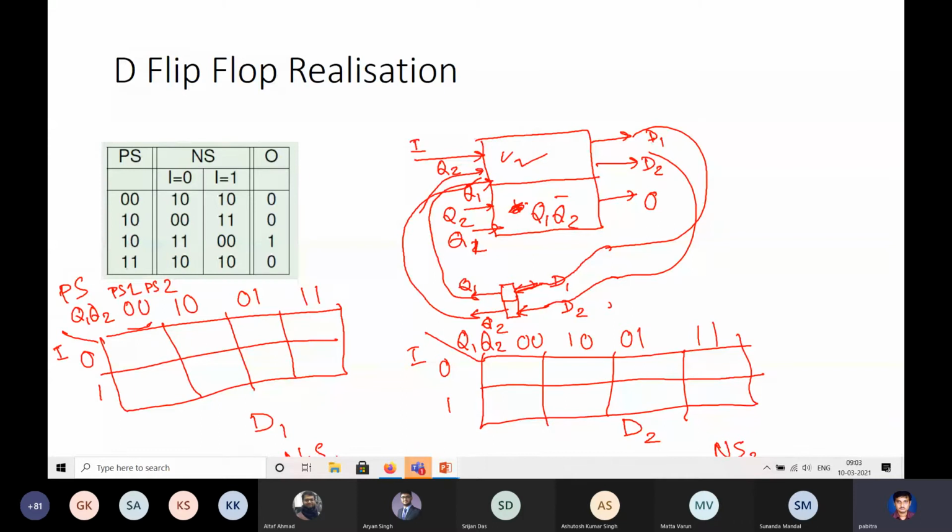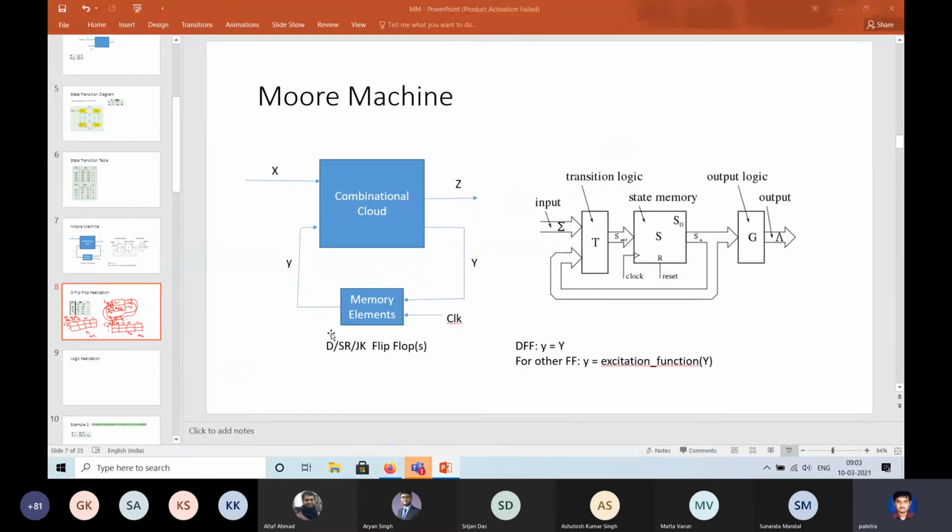When is the first bit 1? Again 3 places: at 0, 0, 1, 0, and 1, 1. So can you give me the minimized logic function for this Karnaugh map? See, what I'm doing is as follows.